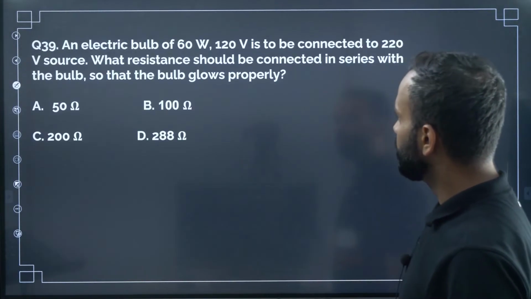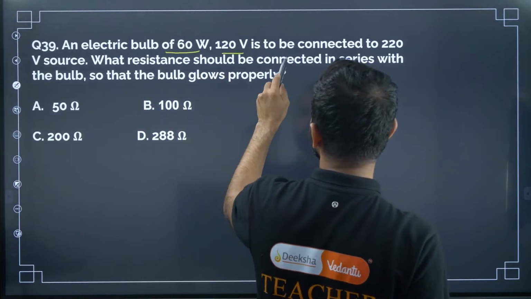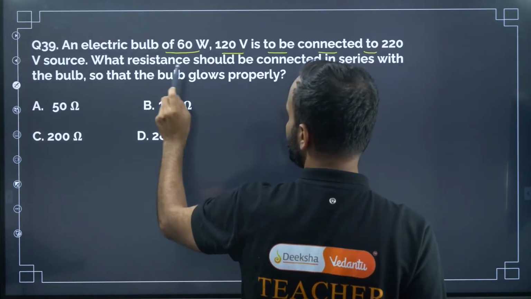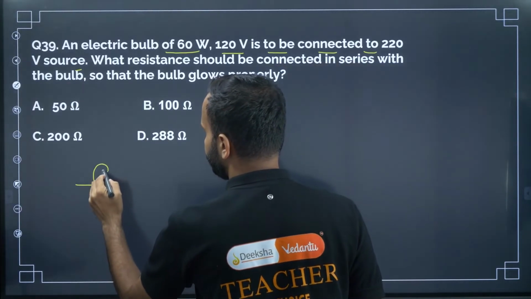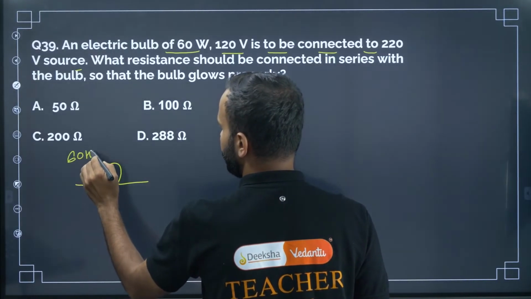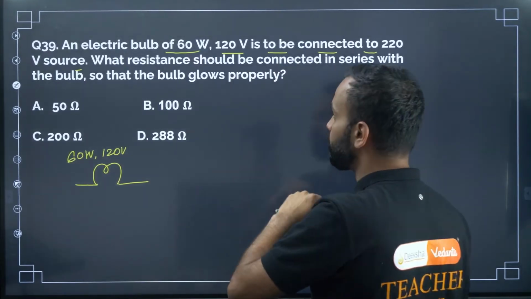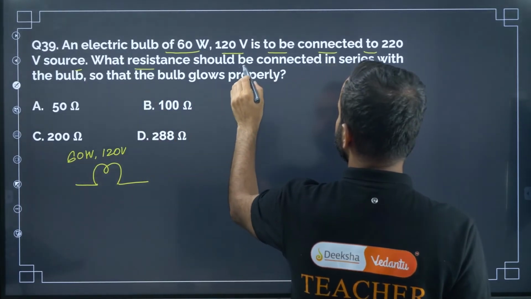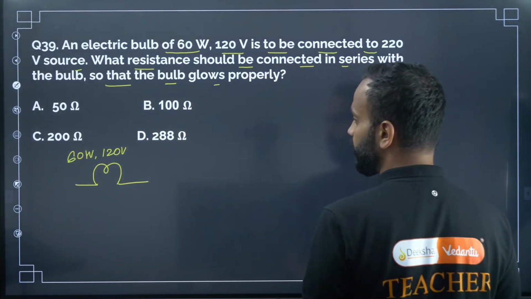Next question, question number 39. An electric bulb of 60 watt, 120 volt is to be connected to a 220 volt source. Here this is the bulb with rated values 60 watt and 120 volt. What resistance should be connected in series with the bulb so that the bulb glows properly?